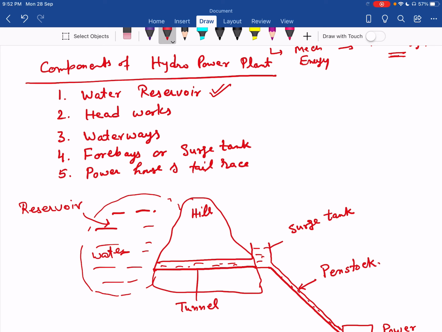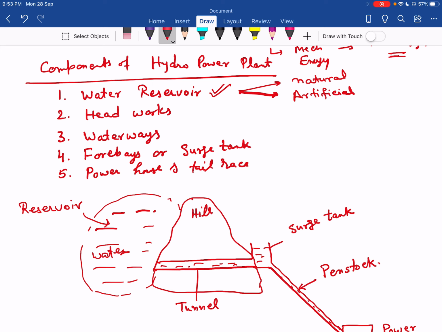Now this water reservoir is of two types. Either it is natural or it may be artificial. A natural reservoir can be found in high mountains.